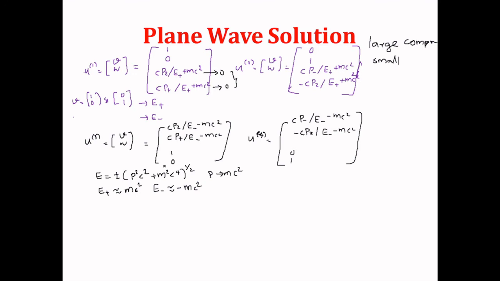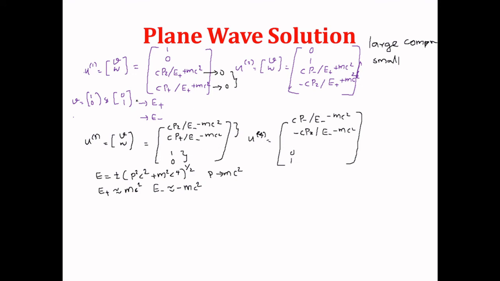But for the negative energy solutions, the positions of the large and small components reverse, because for U3 and U4, the third and fourth are the large components and the first and second are the small components.